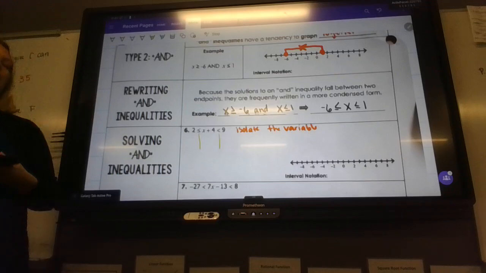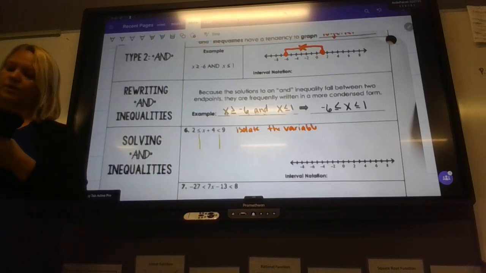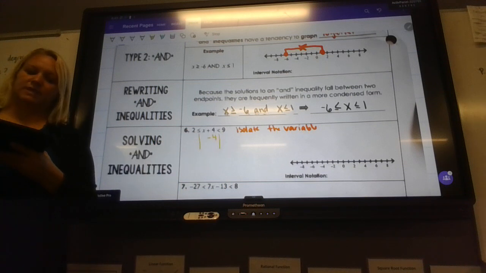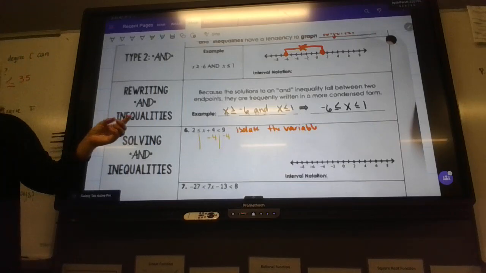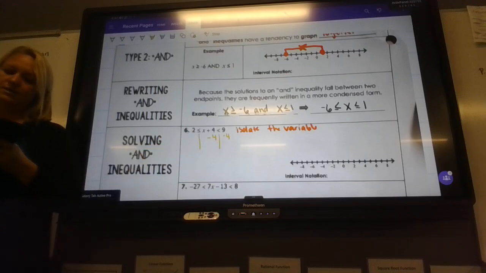So when I want to get X alone, there's a plus 4 in there. I need to subtract 4. You subtract 4 on this side, you subtract 4 from the 9, and then what's pretty unique about this type of problem is we're also going to subtract 4 over on this side of the line. So you do it in all 3 places.